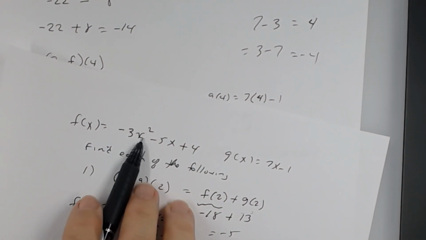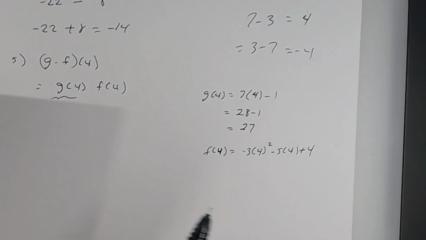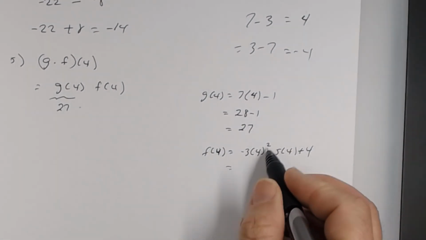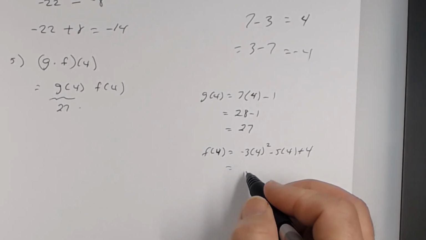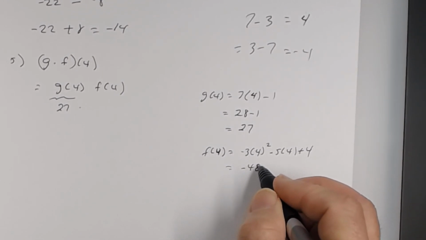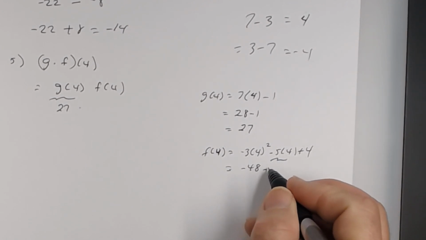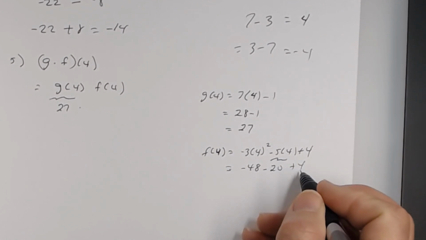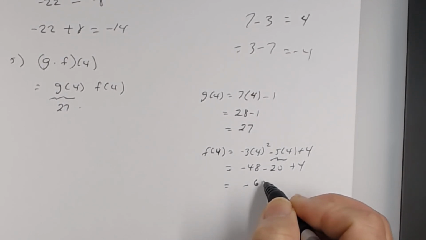Go back to your quadratic function. All right, so 4 squared is 16. 16 times negative 3 is negative 48. And the negative 5 times 4 is negative 20, and then plus 4.